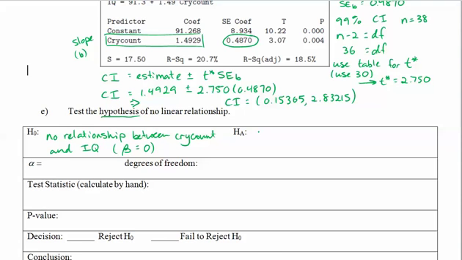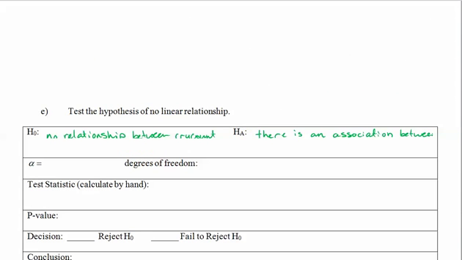Our alternative hypothesis is there is an association between cry count and IQ. In other words, beta is not equal to 0.